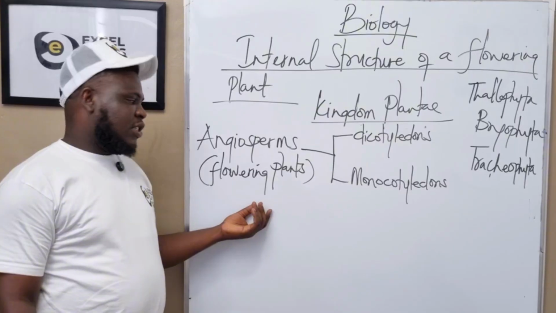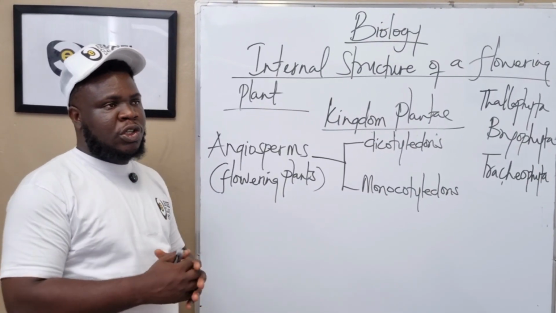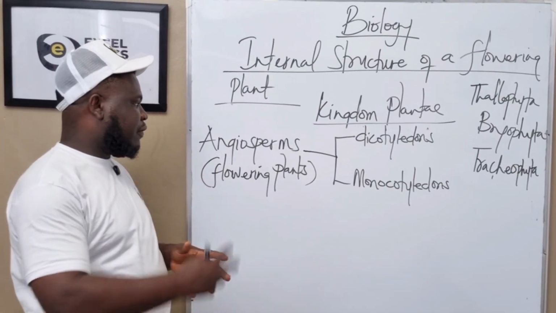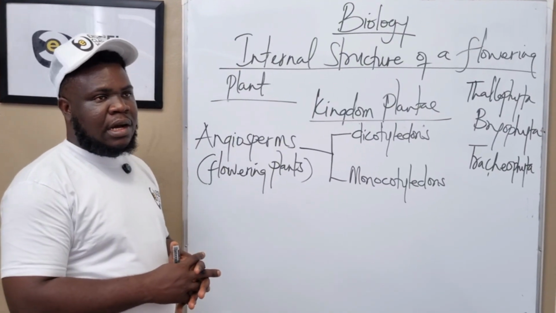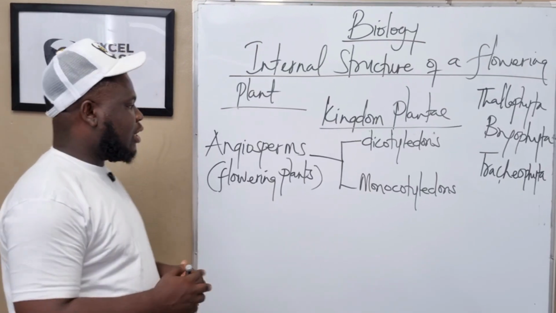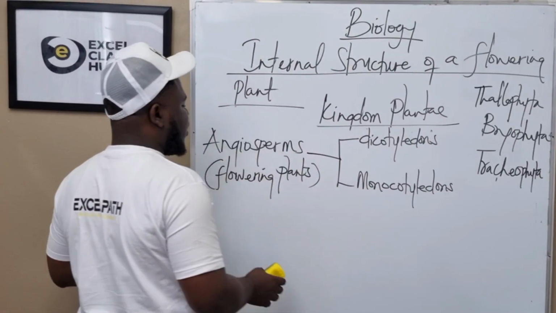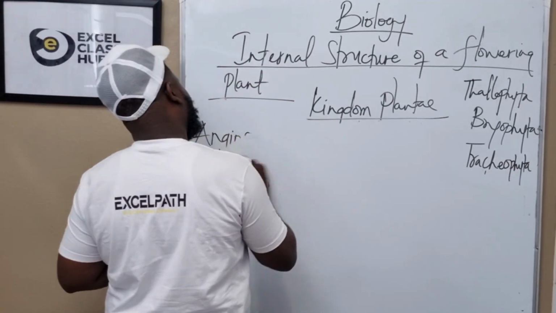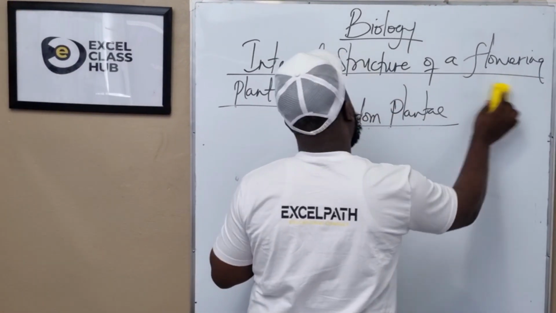And of course, it is in flowering plants that you begin to see structures such as floral parts, the parts that make up the flowers, such as your petals, your sepals, your stamen, your pistil, and so on. Having established what a flowering plant is, we can now begin to examine the internal structures of flowering plants.